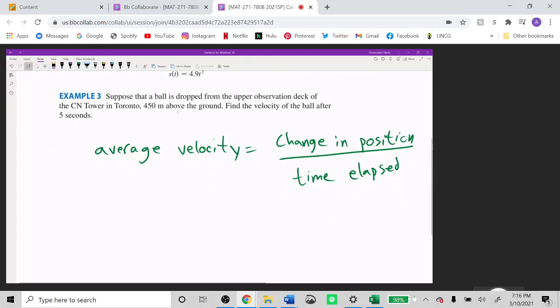So let's try creating some arbitrary interval, a relatively small interval. We want to find the velocity of the ball after 5 seconds, right? Let's try finding the average velocity of the ball from, say, t equals 5 to t equals 5.1 seconds.